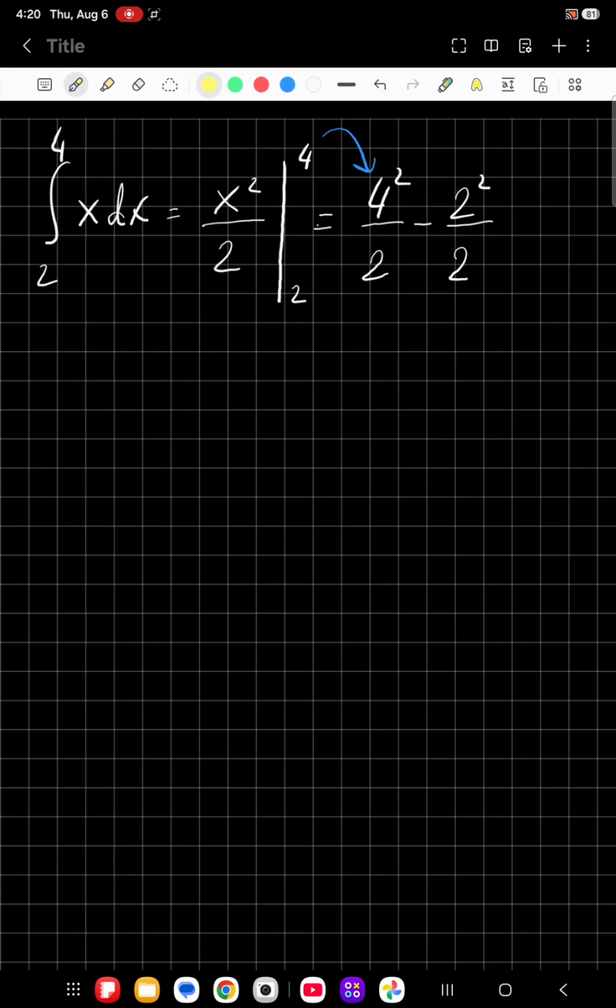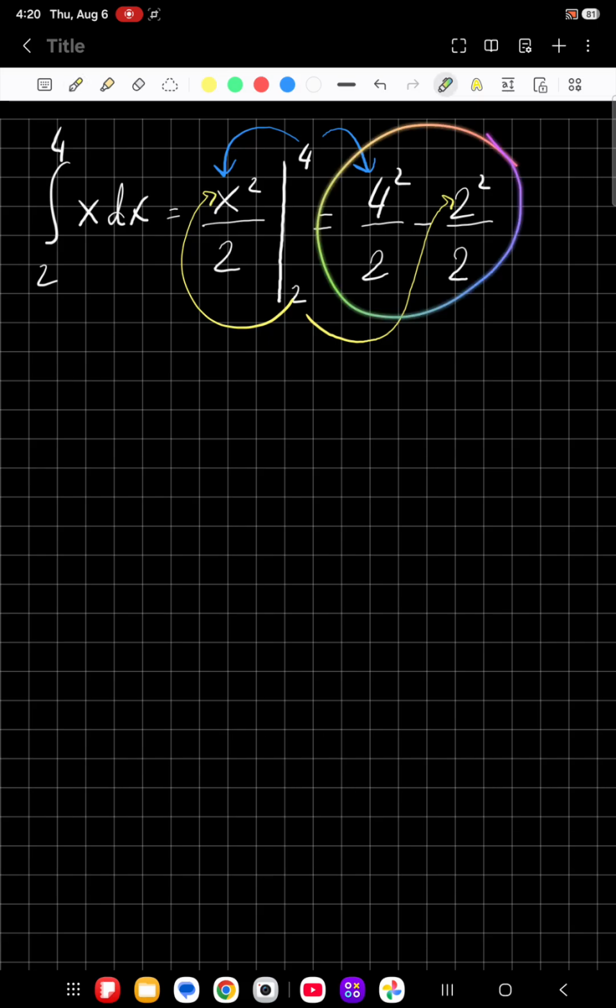Okay, so that 2 went over here. So 4 goes over here, and that 2 goes over there afterwards. So we end up with this just arithmetic problem. Okay, so we have 16 over 2.